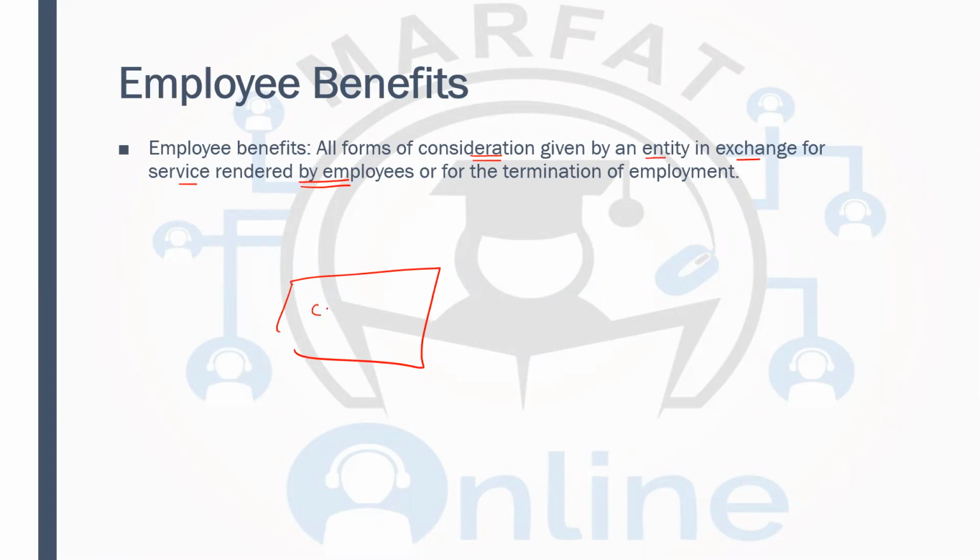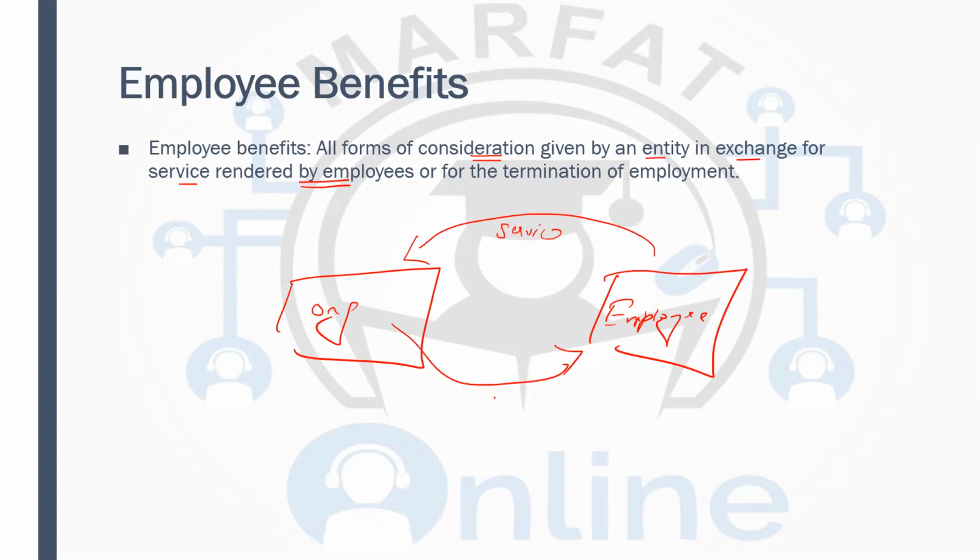Now, there is an organization, there are employees. An employee will be providing the service to the organization or the company, and the organization will be making the payment against those services provided by the employee.